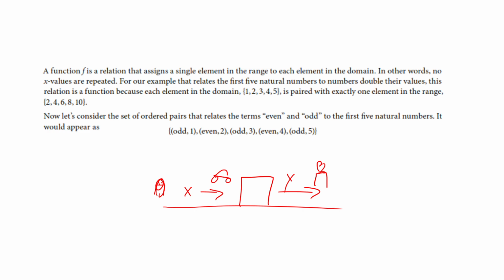If you have the relationship set up like the machine where y equals something, and if you put something in for x and you get out only one number for y, then you have a functional machine. And it gets the name a function. If you put something in for x and two things come out the other side, that's very strange. That is not functional. It is not a function.